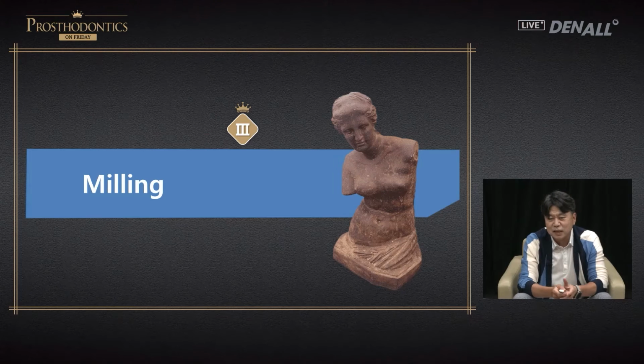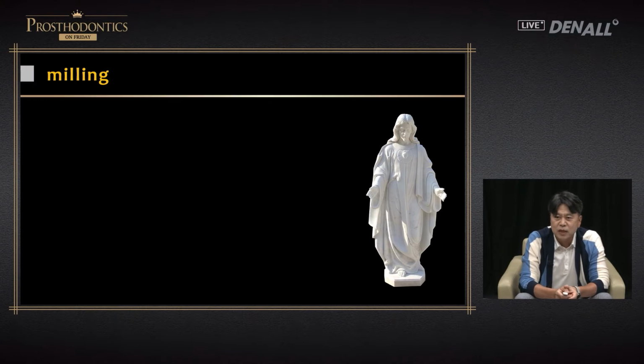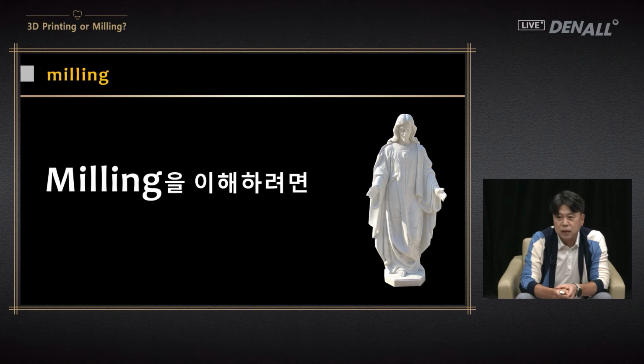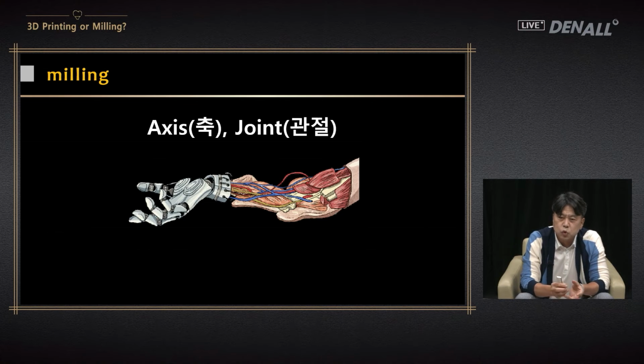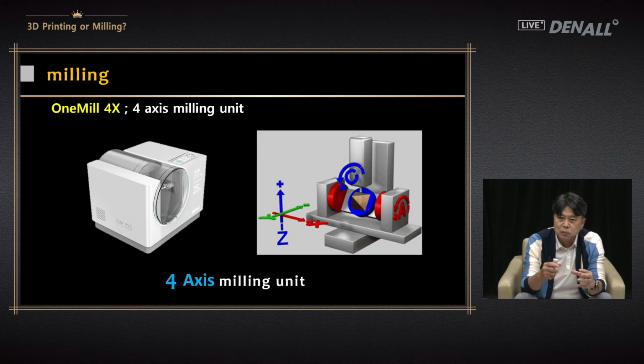Next, milling. As you can see, this is a beautiful sculpture. This is a sculpture rather than milling. To understand milling, we need to understand the concept of axis. As you may have heard, there are 4-axis and 5-axis milling machines. It refers to from how many axes the tool can access the object.